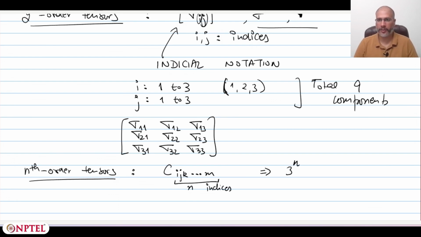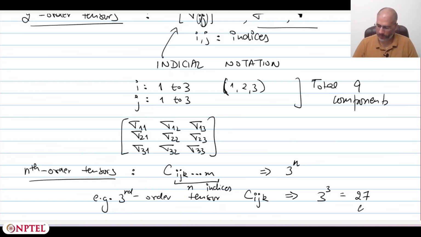And we can see that now. So each index can take values from 1 to 3. So it will have a total of 3 times 3 times 3 all the way to n times. So that will be 3 to the power of n components. So if we have a third order tensor, it will have a total of 3 to the power of 3, that will be 27 components.